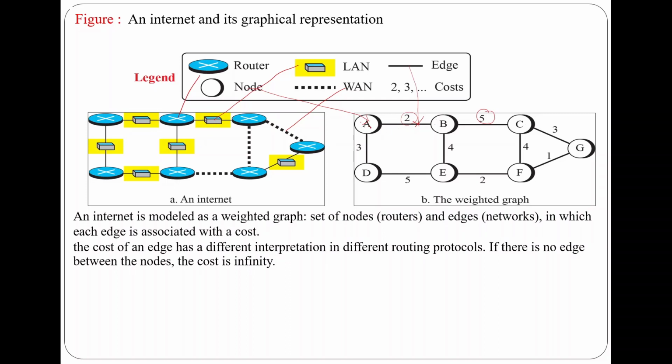To pass information from A to B, what is the delay? Can anybody tell me? It is 2. Similarly, to pass information from A to D, the delay is 3. So this is a simple representation of an internet in terms of a weighted graph.